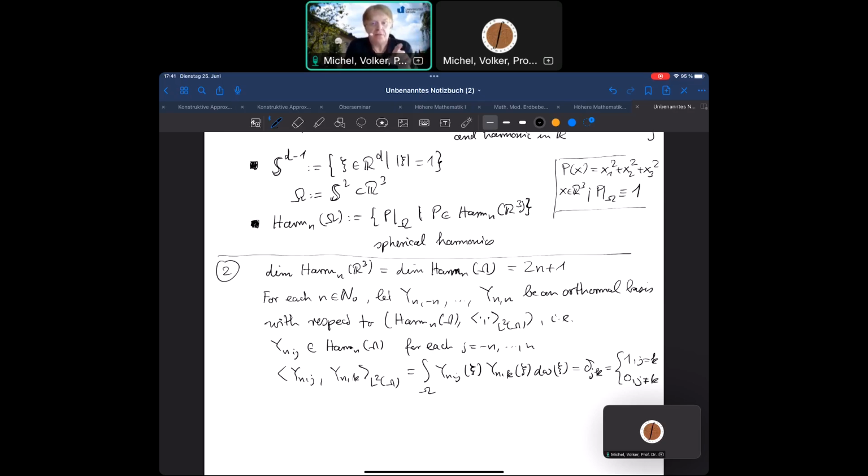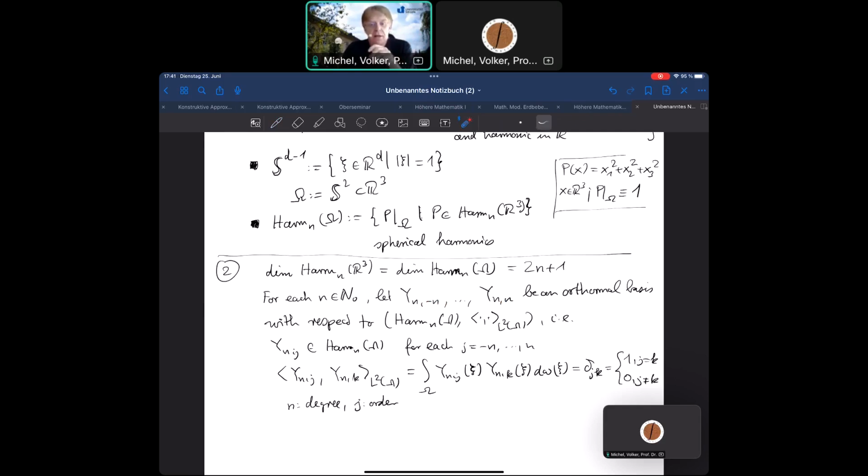And the first index of the Y just refers to the degree of these spherical harmonics. So I can already say that n is called the degree, and j, the second index, is called the order. So certainly they have to be in Harm(n), and I enumerate them here with minus n to n for the second index, which would give me 2n+1 functions.